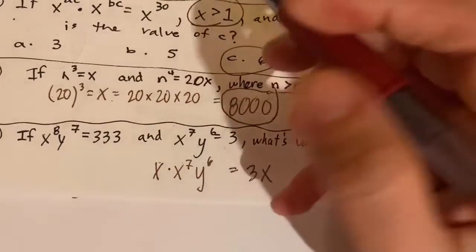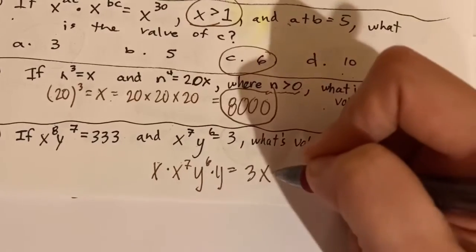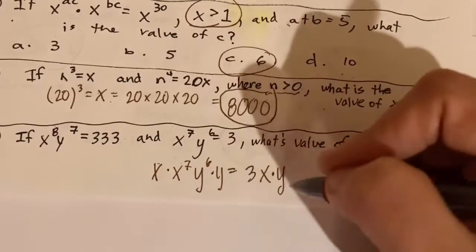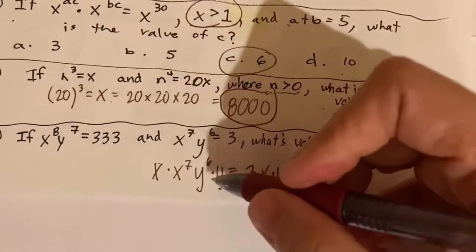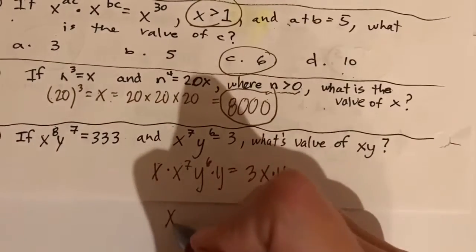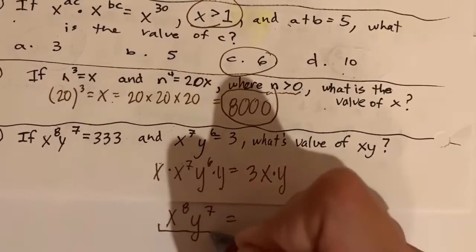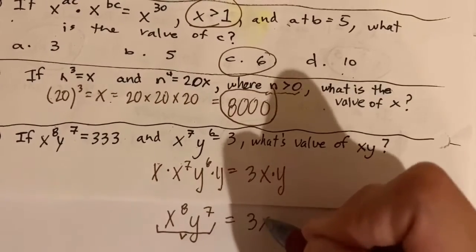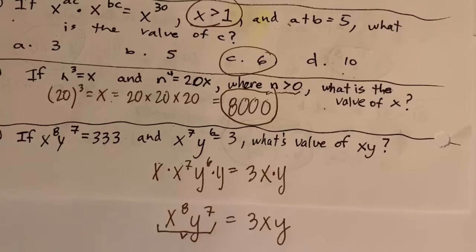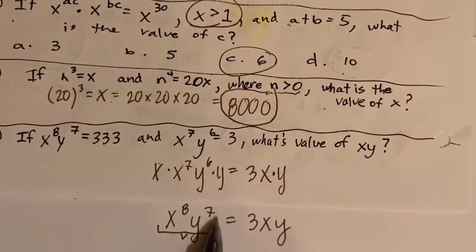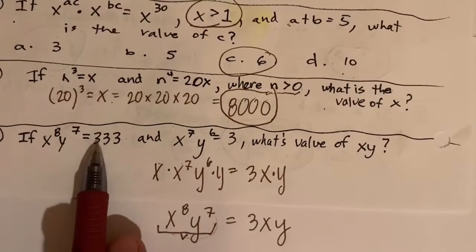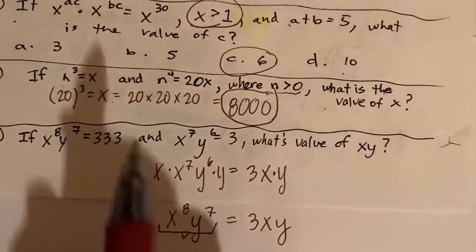And let's multiply another y. So another y, but again, what you do to one side of the equal sign, do to the right. So now I can rewrite this, x to the 8th, y to the 7th. And I know this stuff has to equal that. Make sense? And I also know this stuff is equal to 333.